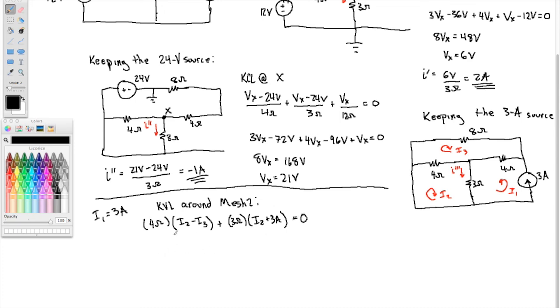Okay, I'll combine like terms. 4 and 3 is 7 ohms I2, and a minus 4 ohms I3, and the constant term is minus 9 volts.